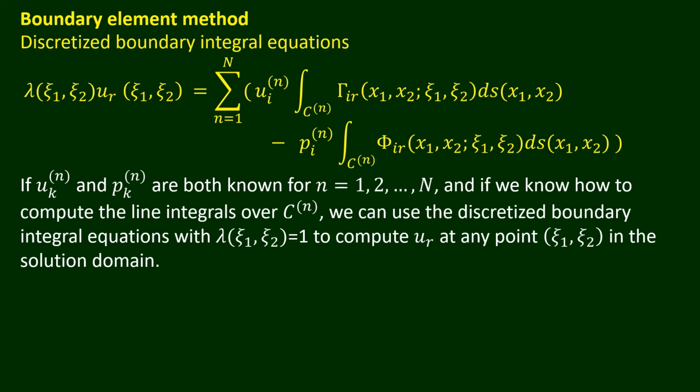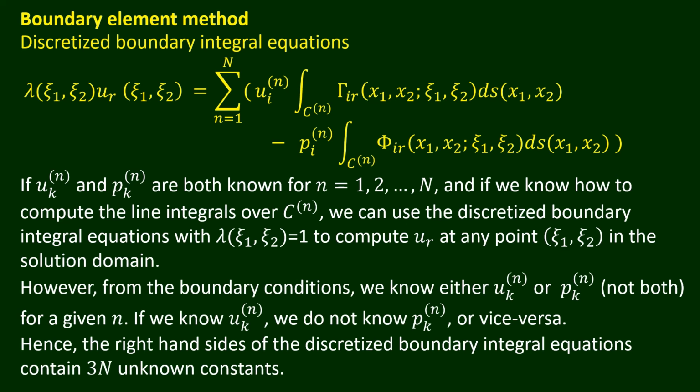If u_k^n and p_k^n are both known for n equals 1, 2, and so on until N, and if we know how to compute the line integrals over C_n, we can use the discretized boundary integral equations with λ(ξ1, ξ2) equals 1 to compute u_r at any point (ξ1, ξ2) in the solution domain.